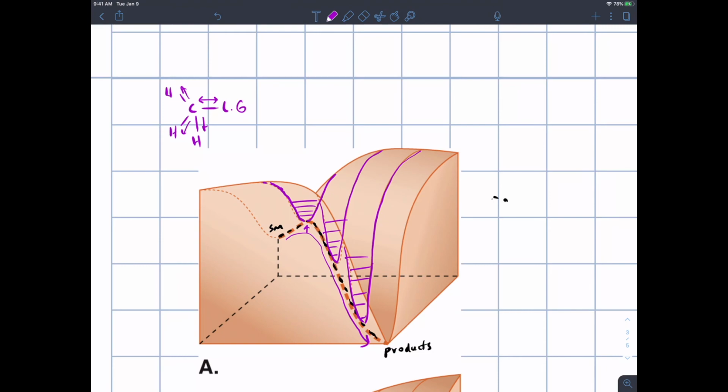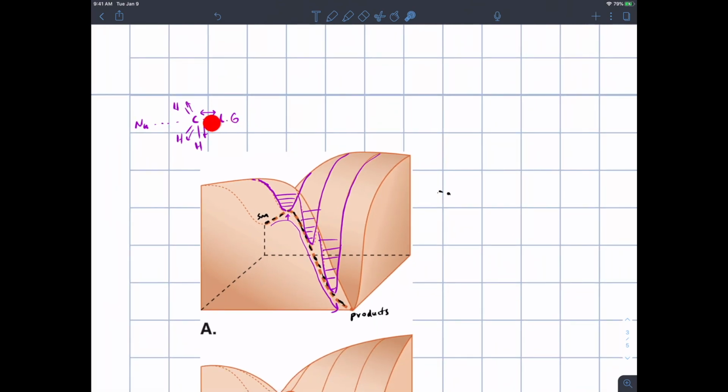And so in this example, and I'm not sure if we're thinking about it correctly, we could even make this an SN2 reaction and think about a nucleophile coming in. But it would be the vibration along this bond between carbon and leaving group that's going to carry you in the direction of the reaction coordinate.